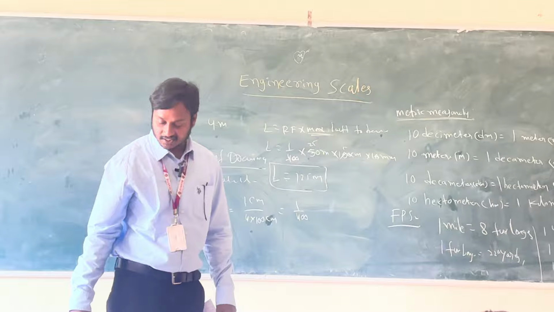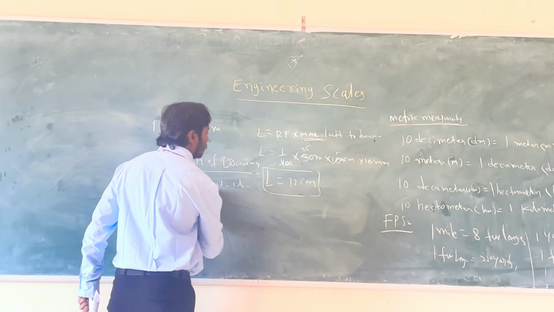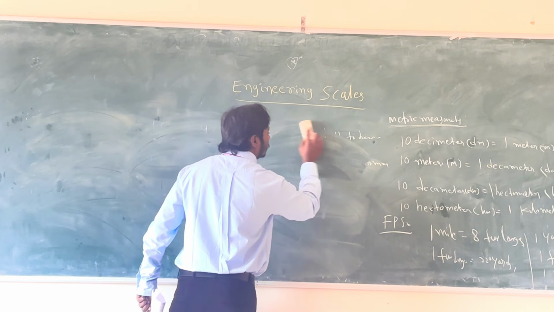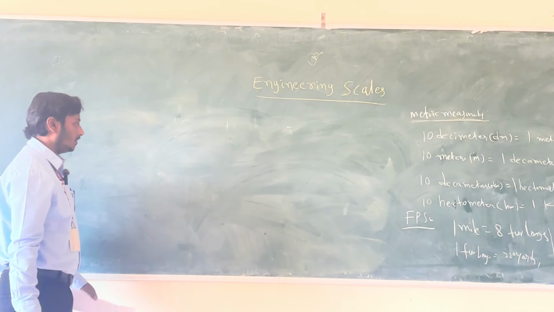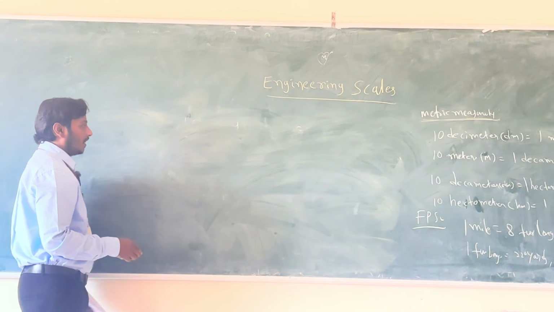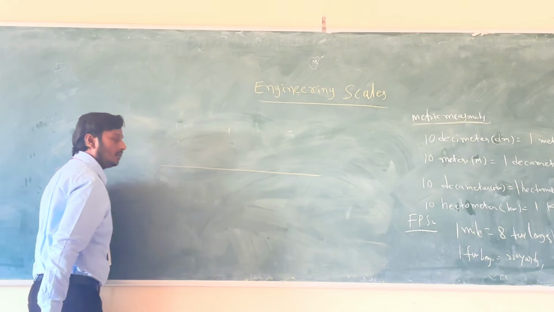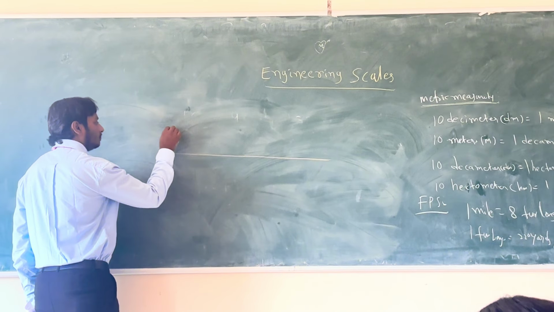Now we start to construct a plane scale. This is the procedure for all scales. Linear scale and diagonal scales are common up to here: finding the length of the scale. The length of the scale is 125 mm.